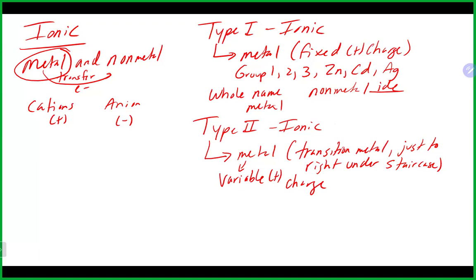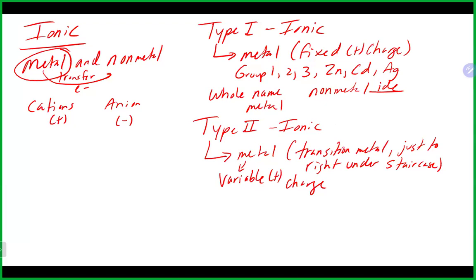So whatever that transition metal is attached to in that ionic compound, you should be able to figure out the charge of that, and you can work your way backwards to figure out the charge on the metal. Remember that when we put a metal and a non-metal together, a cation and anion together, the overall charge equals 0.